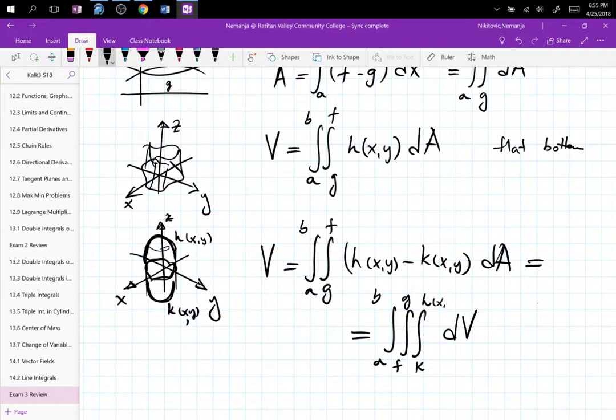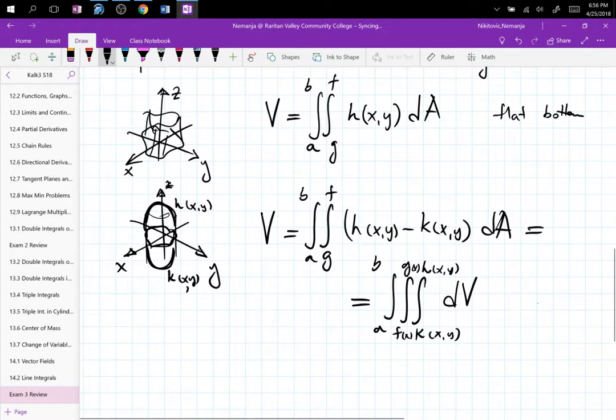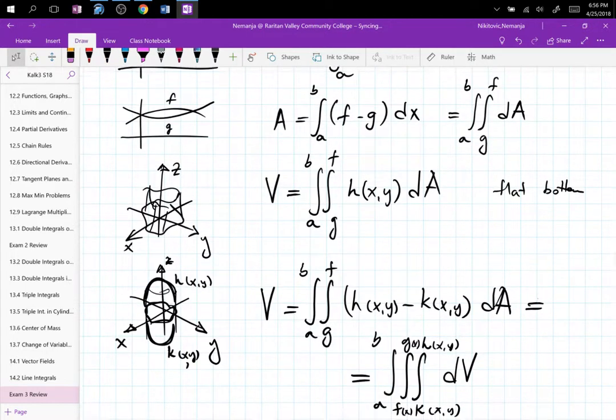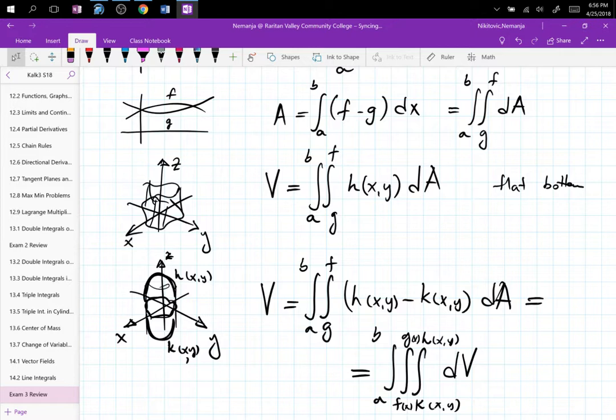So now these are functions of x and y, and f is only in terms of x, and g is only in terms of x. So I hope that you see the progression from a single integral with f minus g to a double integral where f and g are in limits, the same progression here.